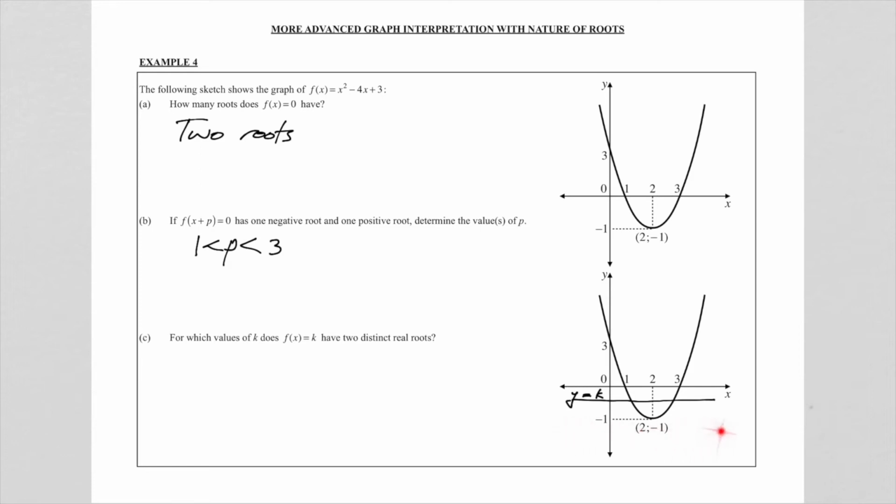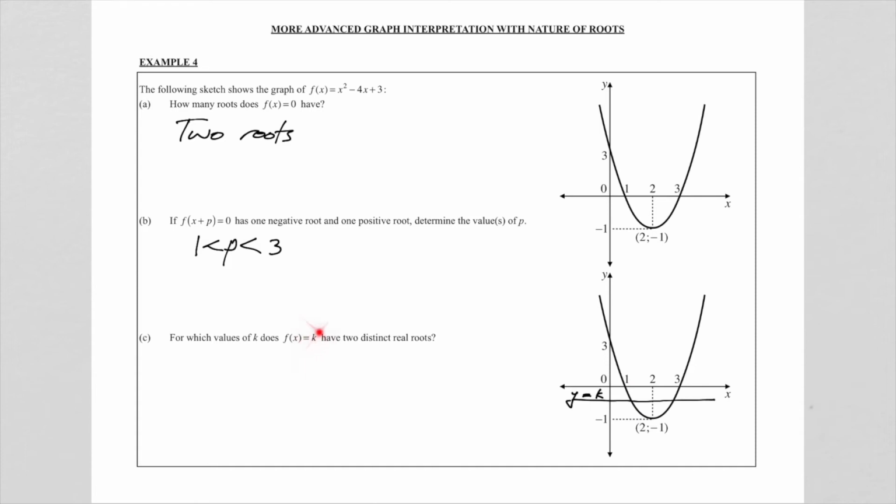If we draw the line below the turning point, then it means there are no points of intersection between this horizontal line and the parabola. So therefore, no real roots. If we draw this line anywhere above the turning point, doesn't matter where, as long as we draw it above the turning point, then we will have two distinct roots. It means two different roots.